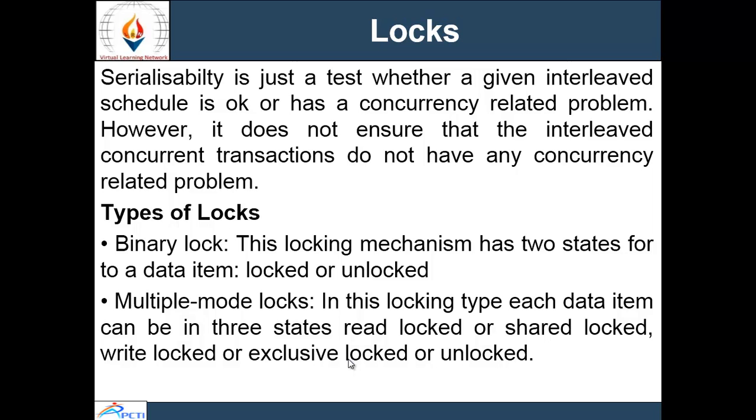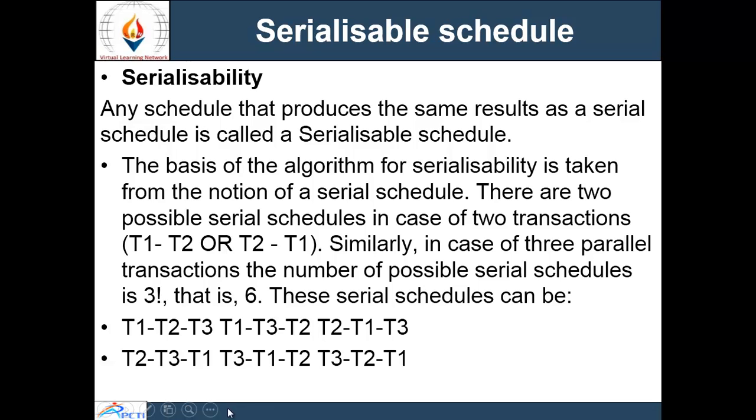So in this case you can say T1, T2 is a serial schedule, and if T2 performs first and T1 second, then the serial schedule is T2, T1. All the serial schedules are consistent schedules because they execute serially.